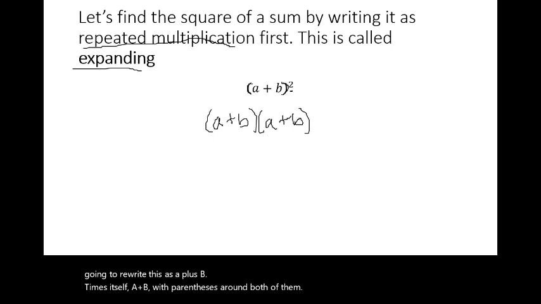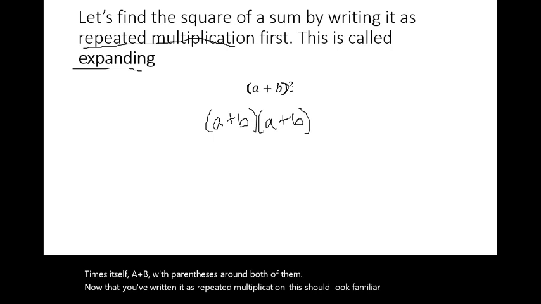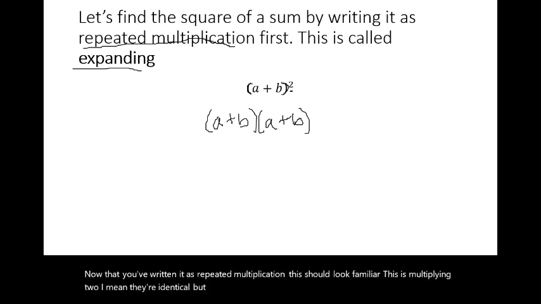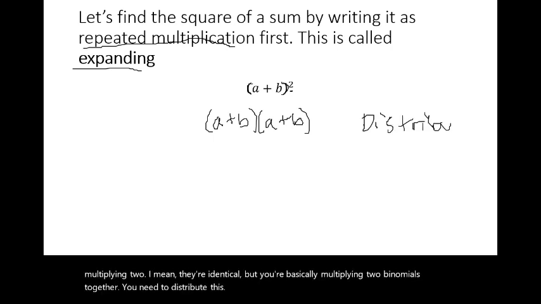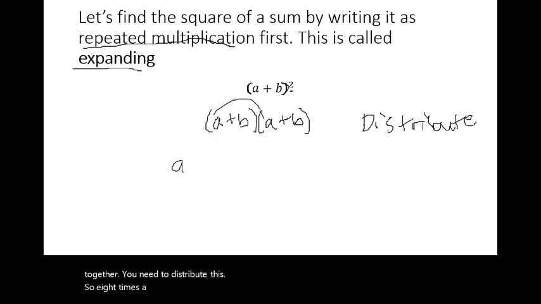Now that you've written it as repeated multiplication, this should look familiar. They're identical, but you're basically multiplying two binomials together. You need to distribute this. So a times a will give us a squared. A times b can be written as ab.